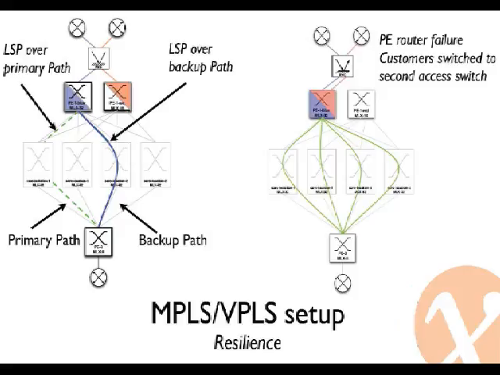How do we do resilience in the core, in the MPLS VPLS cloud? Well, we have 4 paths for LSPs. If something breaks, the backup path kicks in, and there is more traffic going over another core switch. This is totally transparent for the member routers. This takes 50 milliseconds to converge. In case a whole switch breaks down, we use the photonic switch to switch the members over.